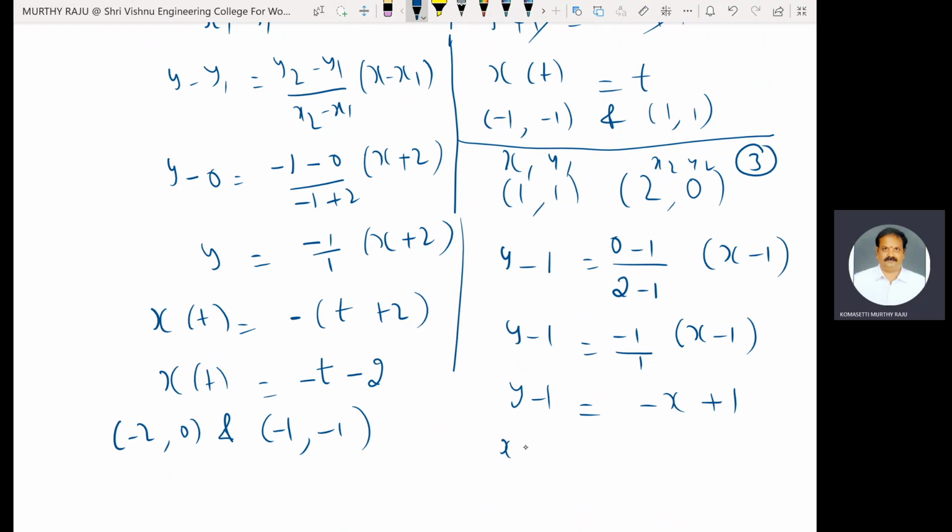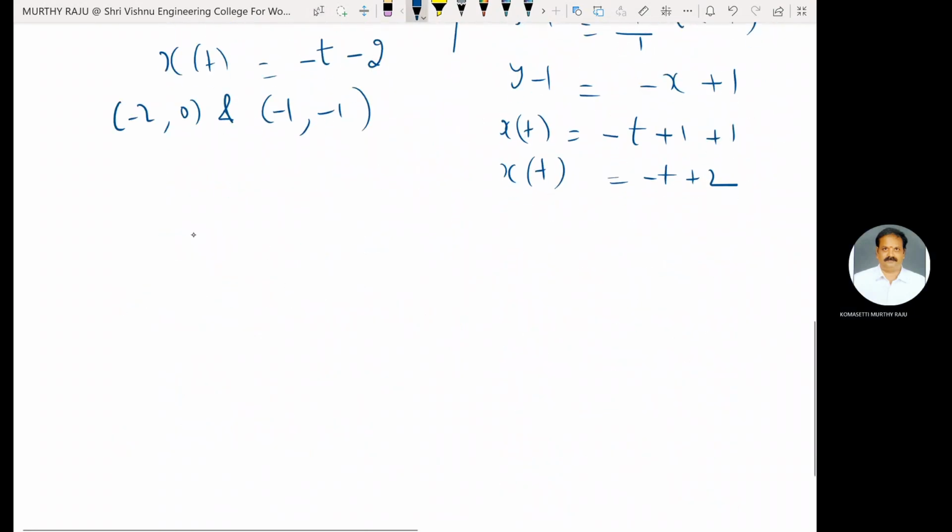Y is x of t. Bring this minus 1 to this side, so x of t is minus t plus 2. This is the third equation. The first one is for the first portion.